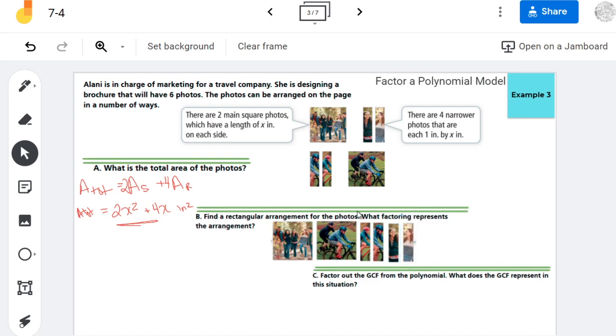Alrighty, so there's my rectangle. If you notice on this one, all of these have a height of x, and then if I go across the side here, I have 2x plus 4 inches. So in terms of the factoring that represents this arrangement, I would call it x times 2x plus 4.